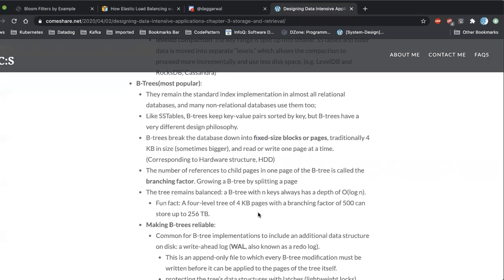I think the 4K pages that we are talking about hold the key and the value. The value here is the address. It's not about the actual data that is present at that address. That is maintained by the memory.